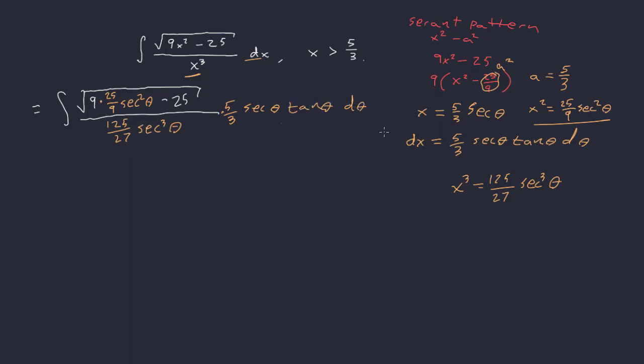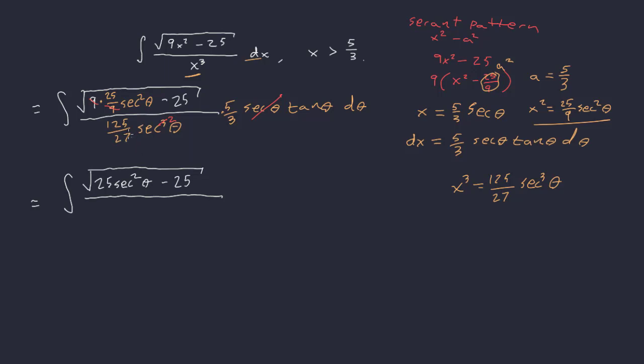And it does. We do have a cancellation, right? This secant cancels with one of these down here, so we'll actually have a secant squared down there. Let's simplify this a little bit. The 9's here cancel. So now we have the integral of the square root of 25 secant squared theta minus 25. Here I have 125 over 27.